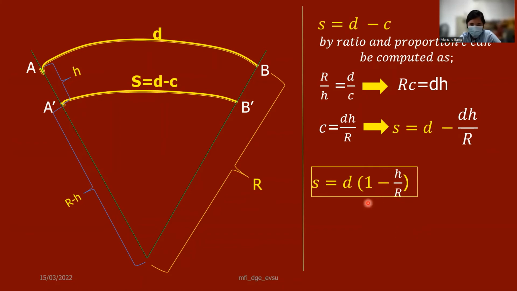Okay? So, by the way, this 1 minus H over R is also known as the sea level factor.